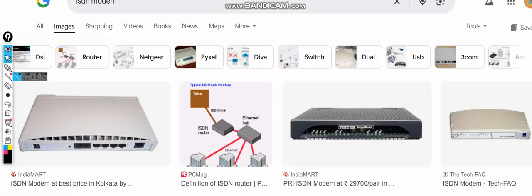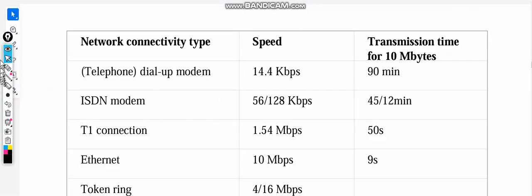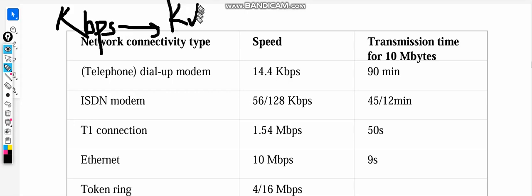Next, the ISDN modem. In an ISDN modem, the speed is 56 to 128 kbps. Kbps means kilobits per second.